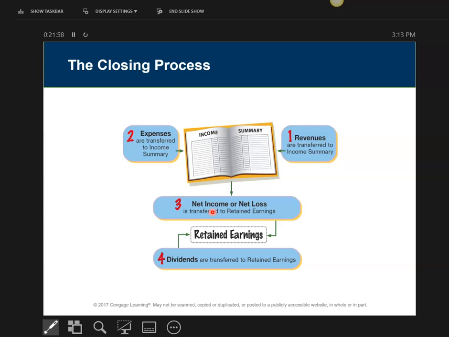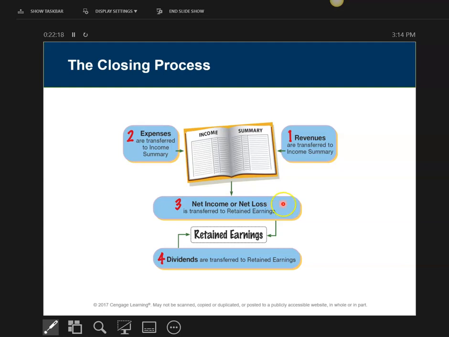Write that down. Should be writing all these down. If I have a net loss, it means I spent more than I made. It's going to be the opposite then. The debit will be to retained earnings and the credit to income summary. And I'll show you how to know the difference in a few minutes.